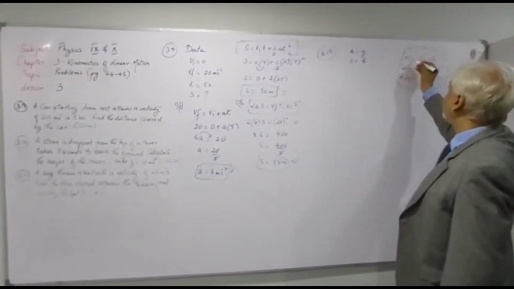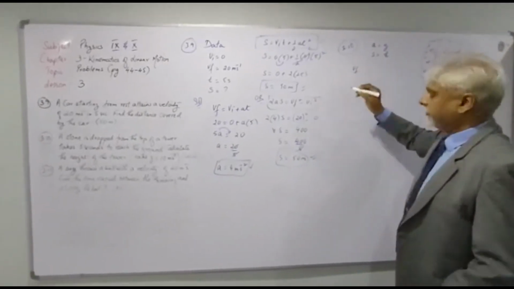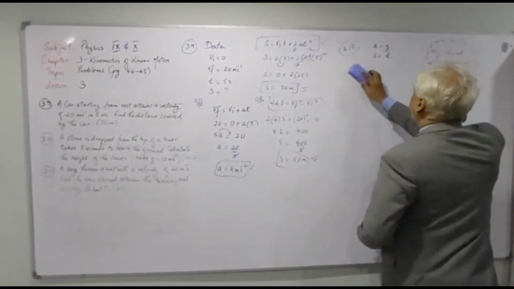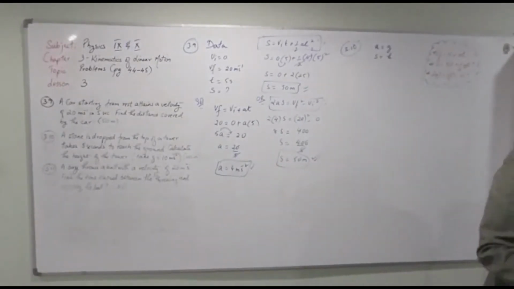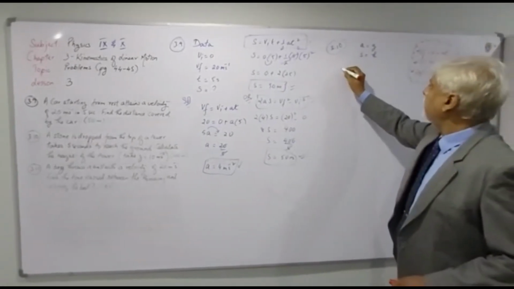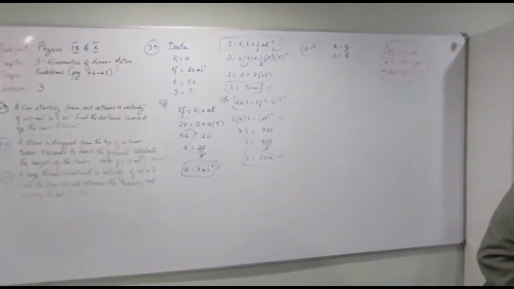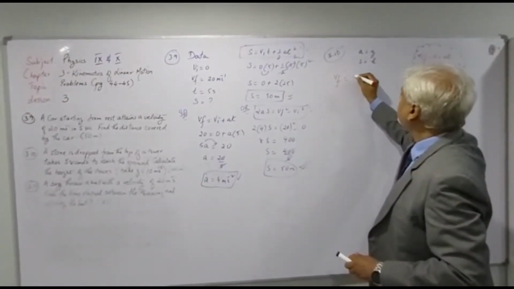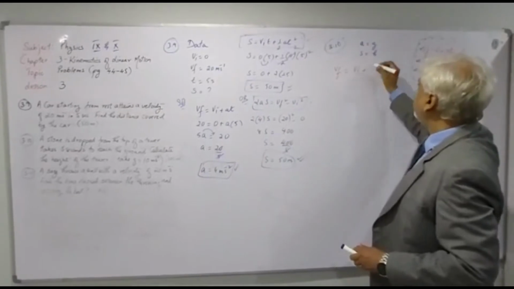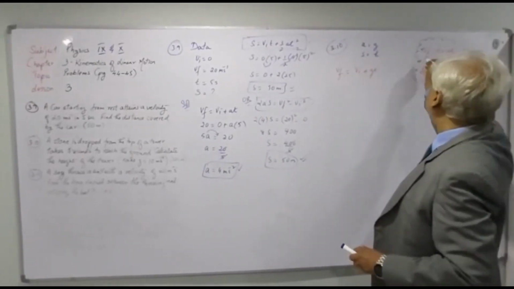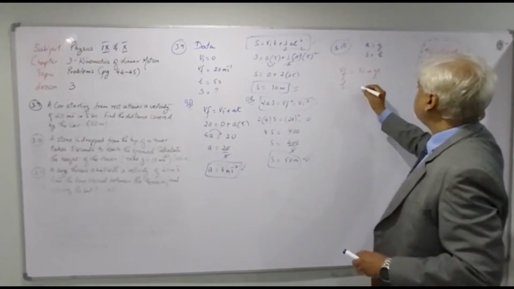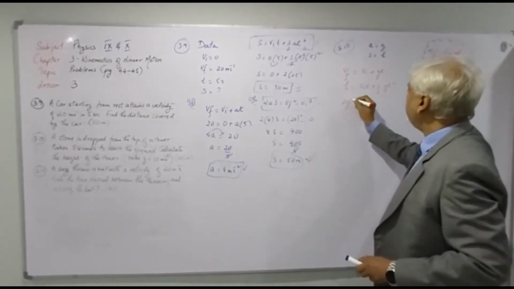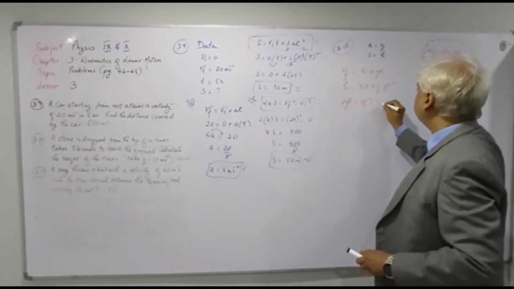So now your equations of motion would be, let me write them with another ink. Vf is equal to Vi plus gt, where instead of a we have g, and instead of s we replace it with h, height. h is equal to Vit plus half gt squared, or 2gh is equal to Vf squared minus Vi squared.